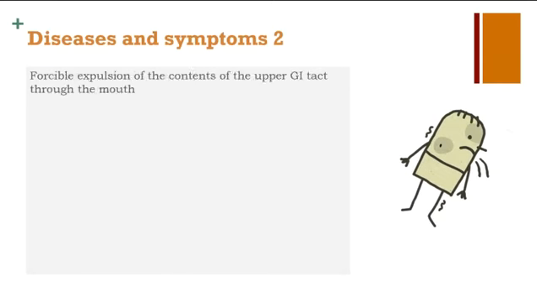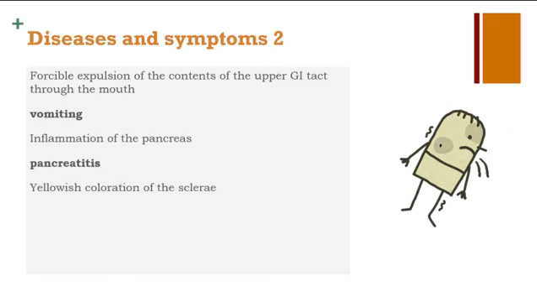The forcible expulsion of the contents of the upper GI tract through the mouth is called vomiting. The inflammation of the pancreas is called pancreatitis. The yellowish coloration of the sclera is called jaundice.